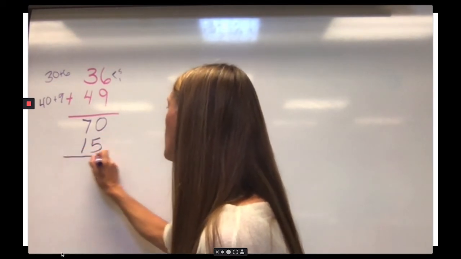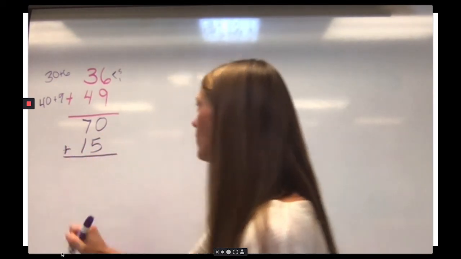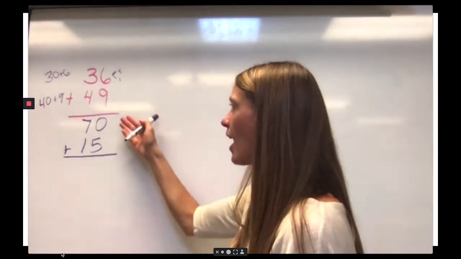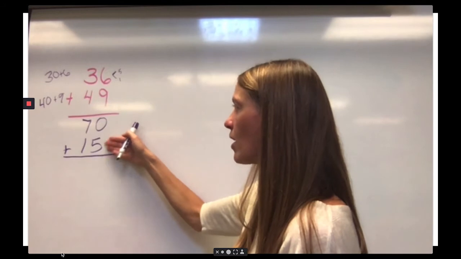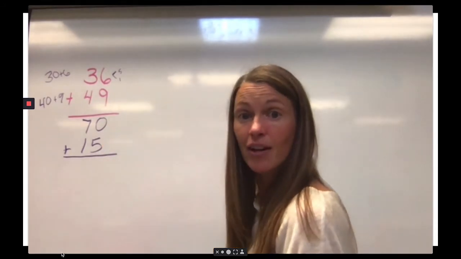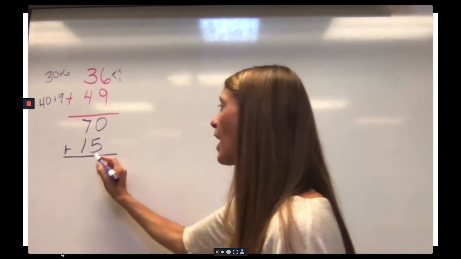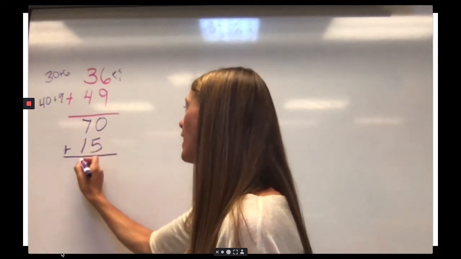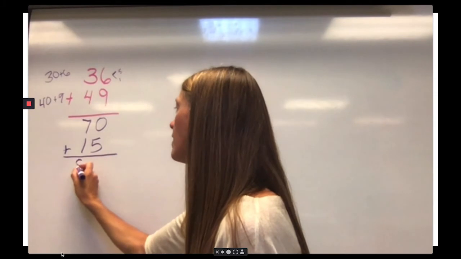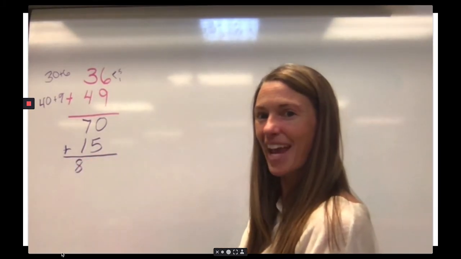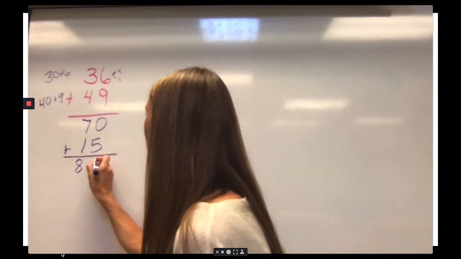Now I have 15 ones and 70 in my tens. I take my tens and ones and add them together to find the sum of 36 plus 49. I now have 8 tens. 8 tens is the same as saying what? 80. And I have 5 ones.